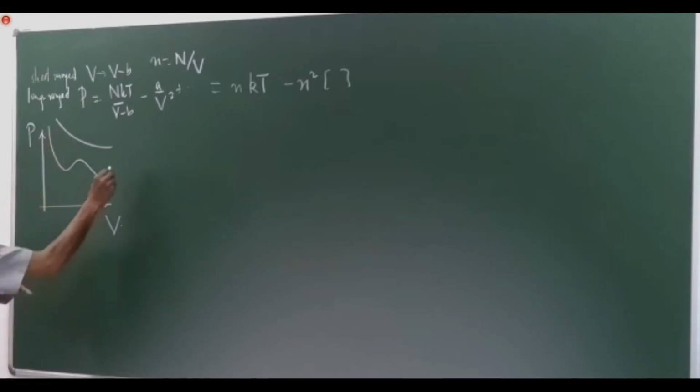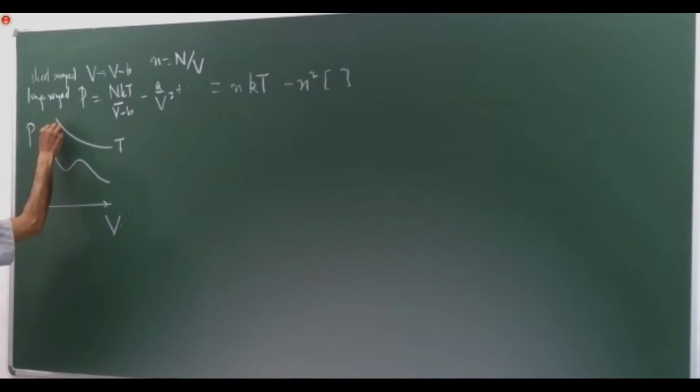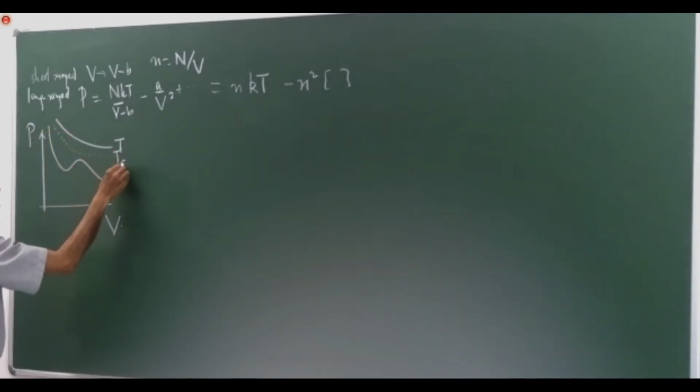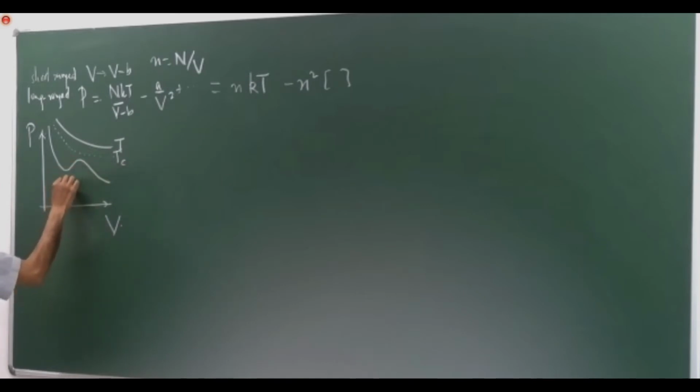For this temperature, the roots of del P del V equal to 0 are all complex or negative, and therefore you don't see any. But then there comes a particular temperature. This is the critical temperature.